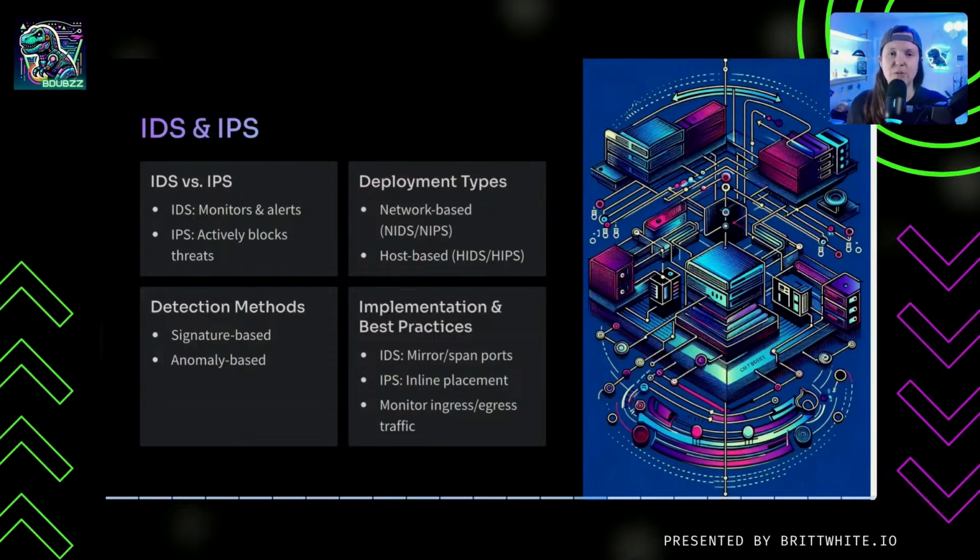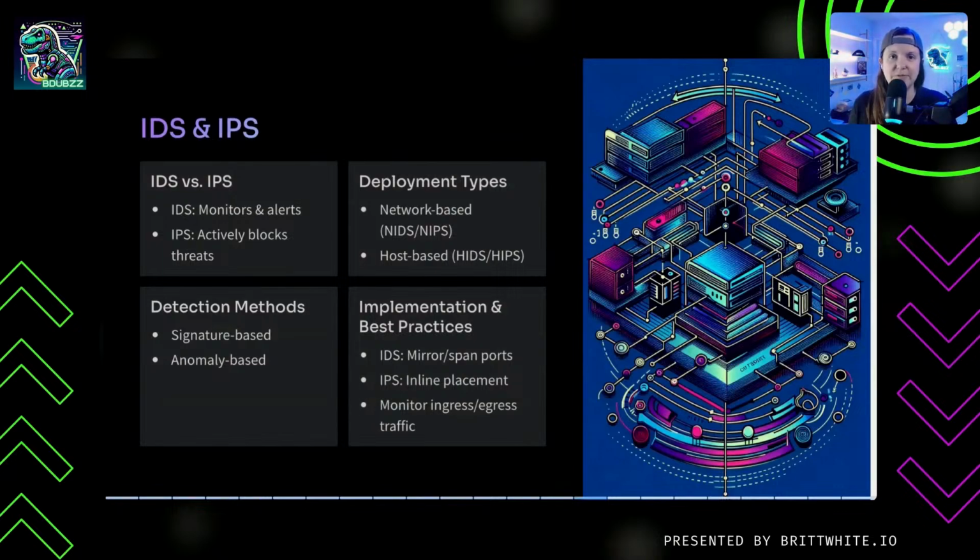Best practices include monitoring both ingress, or incoming, and egress, or outgoing traffic, implementing careful allow and deny lists, and regular tuning to minimize any false positives while maintaining security. Popular tools include Snort, Suricata, and commercial solutions from vendors like Cisco and Palo Alto Networks.